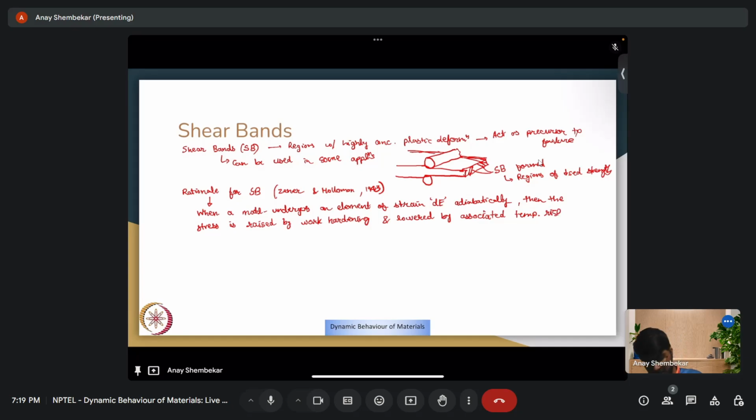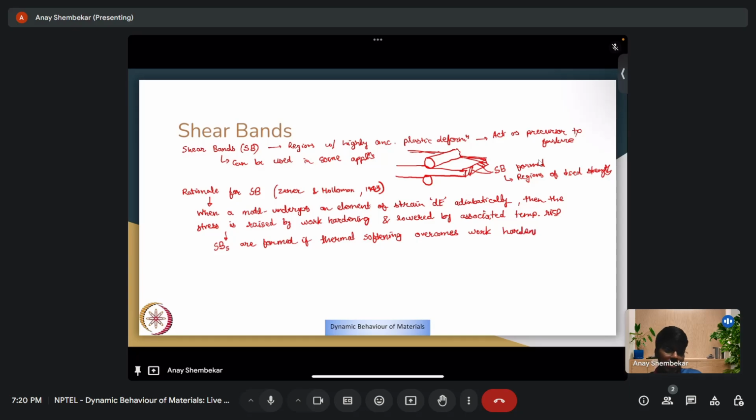As such, shear bands are formed if thermal softening overcomes work hardening.